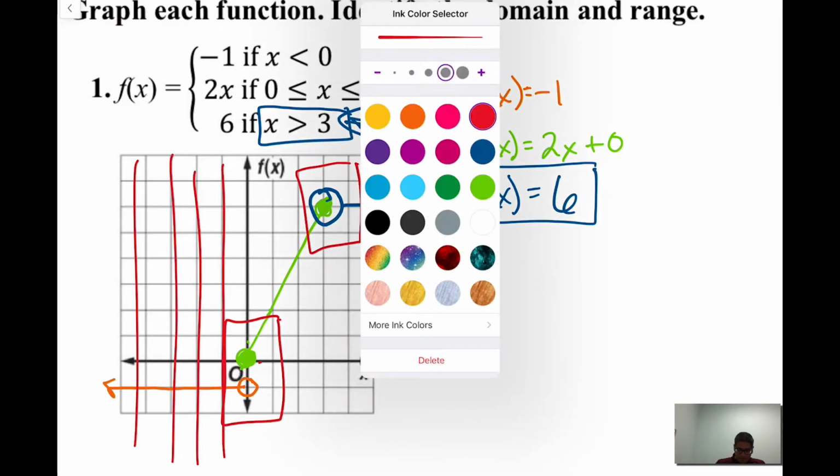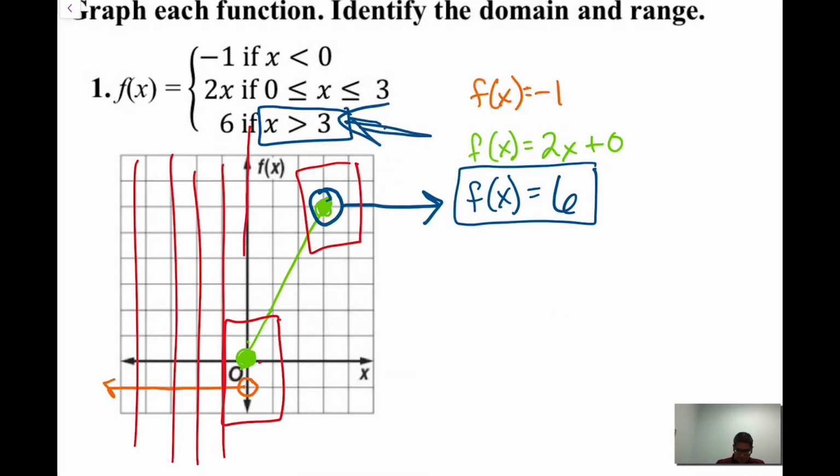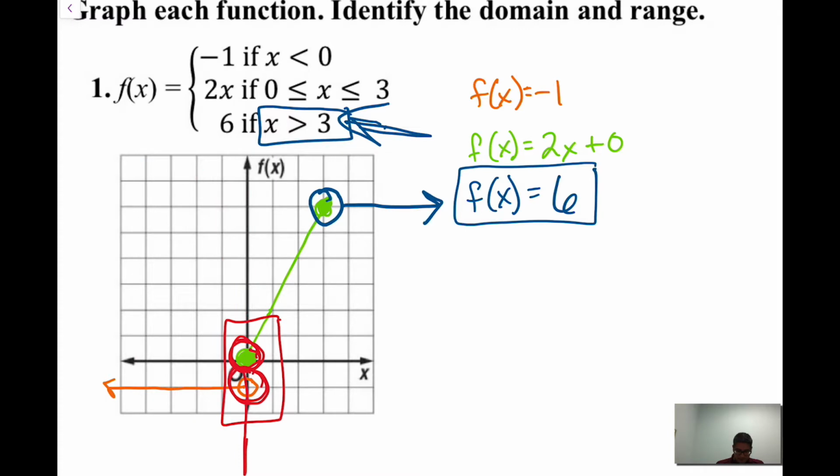But if I draw a vertical line down that point, you'll notice that I still come in contact with only one point, right? And that's because this point is covered and this one is open. So it's still only one point. And it's the same thing in this area right here. I have an open circle superimposed by a closed circle. So that takes care of that one particular area. Okay? And so this is still a function.